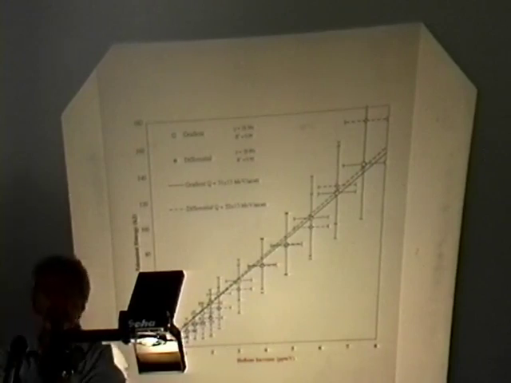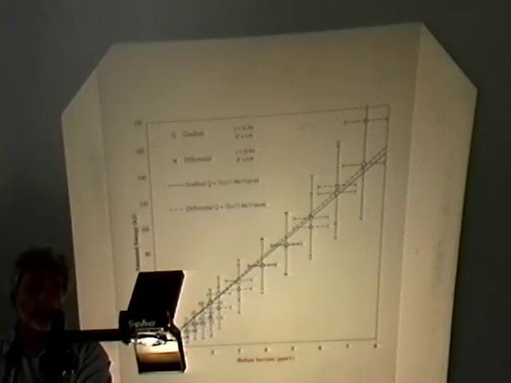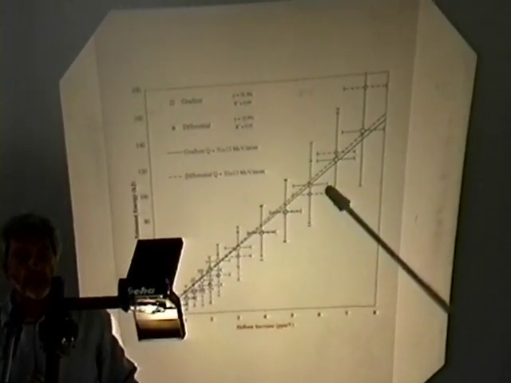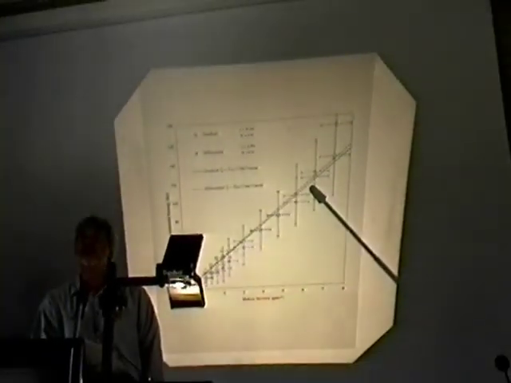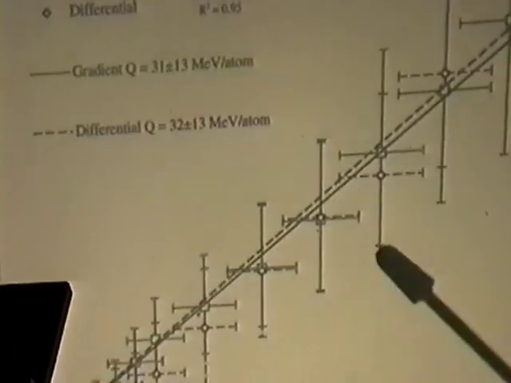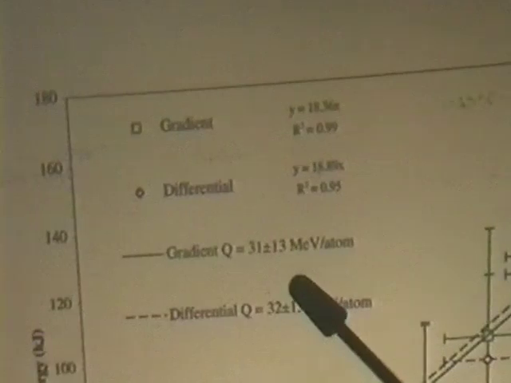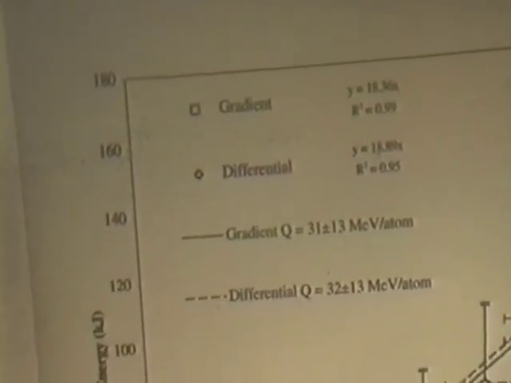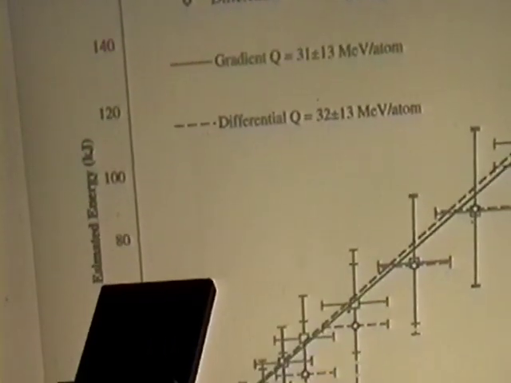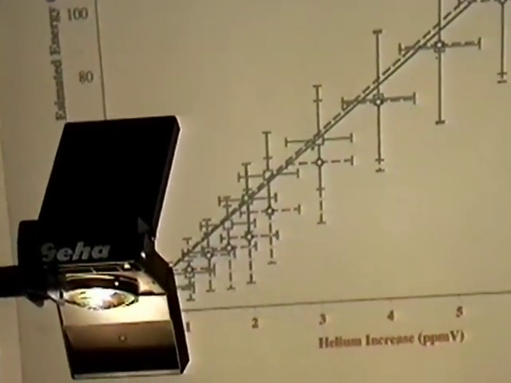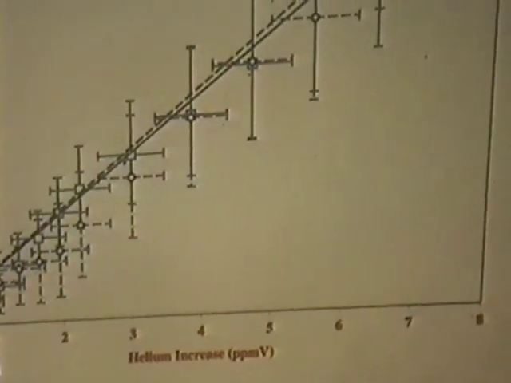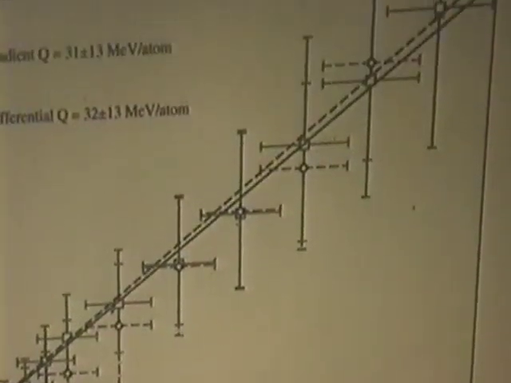As you can see, there's a good linear correlation between the observed energy and the observed helium-4 integrated in the vessels. Now the slope of this line is not quite what I would have hoped it to be. We're predicting a slope of 23.8 MeV. The observed slopes are 31 plus or minus 13 and 32 plus or minus 13 MeV, so the expectation value lies within the analytical uncertainties for the experiment.